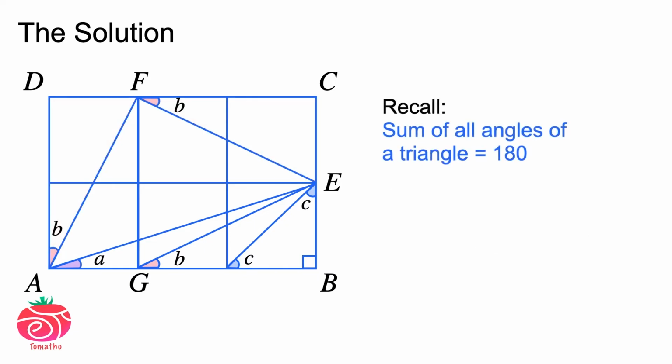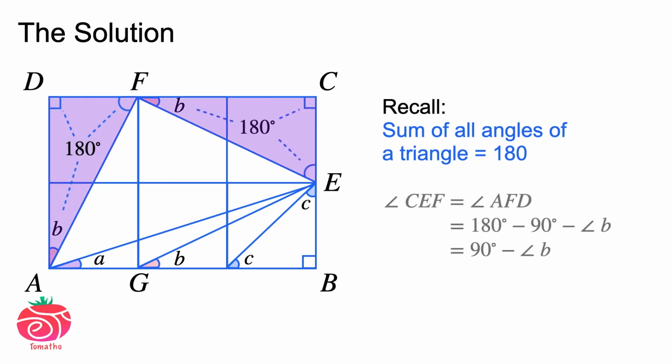Recall that the sum of all angles in a triangle equals 180 degrees, right? So we can write CEF equals angle AFD equals 180 minus 90 minus B, which equals 90 minus B. Let's see.